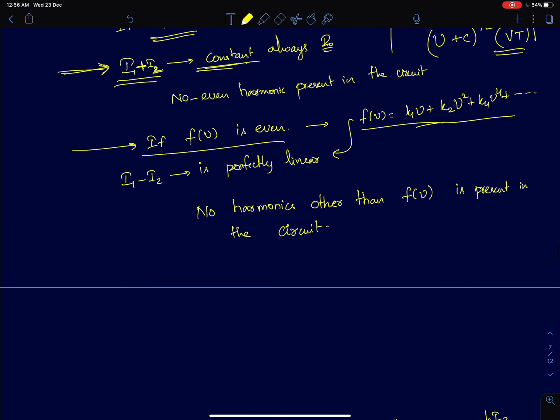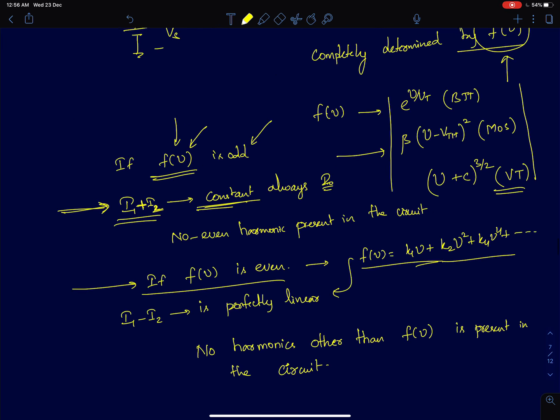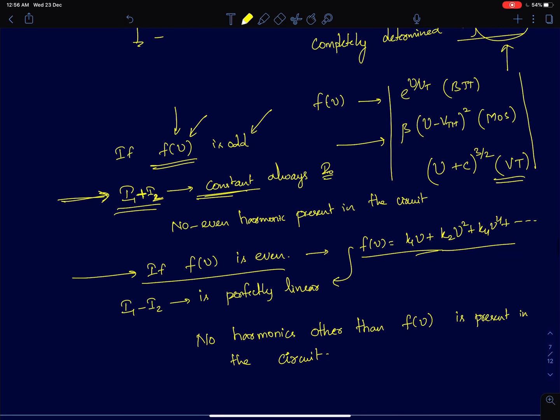So that's it about our discussion on voltage biased differential amplifiers. What we have seen here is that the harmonics in voltage biased differential amplifiers are dictated by the device characteristics, which is f of v.